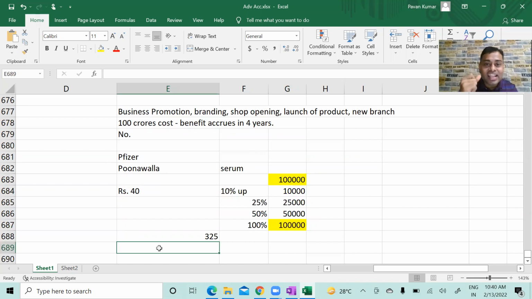The moment they got the vaccine license, my PM called me. PM means Prime Minister? No, PM means portfolio manager. RM means relationship manager. When you have investments, you'll have a portfolio manager and one relationship manager. The relationship manager is basically a lower level employee. The portfolio manager will be at a higher level.